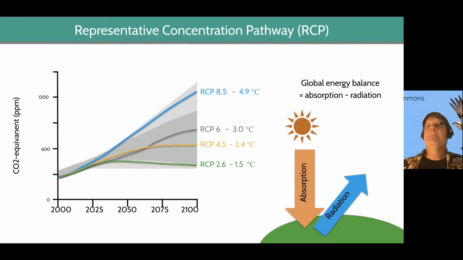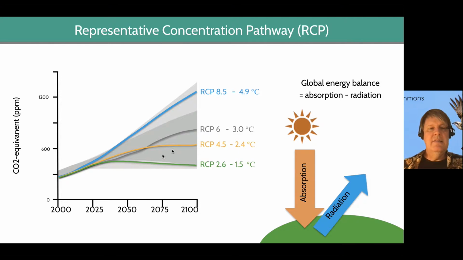And that's becoming increasingly important because as the amount of CO2 rises, we've got sun that's being absorbed by the atmosphere, but less of that heat is being radiated back out to space because we have this blanket of CO2 covering the atmosphere.